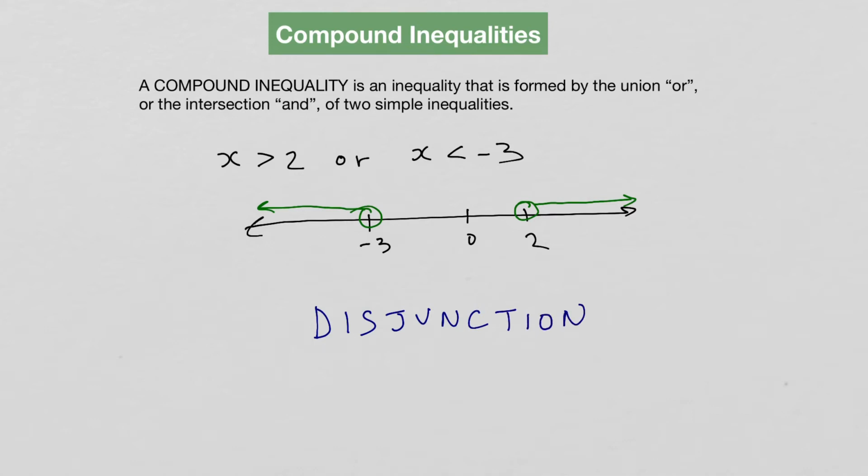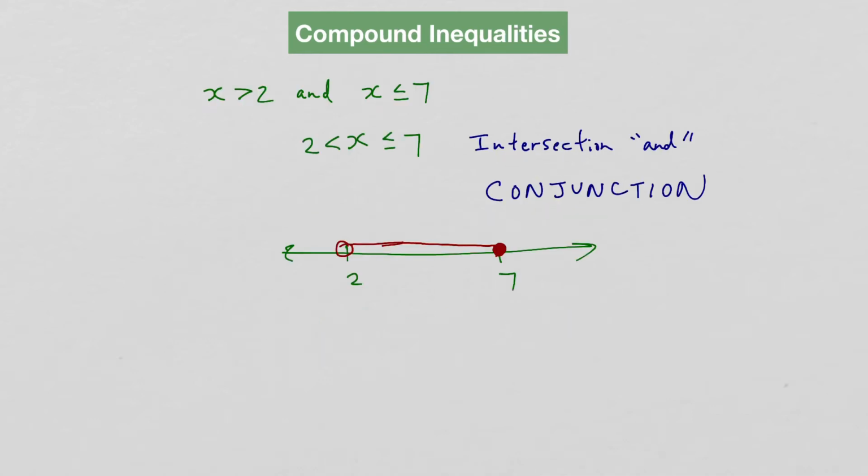So when you have an inequality that is formed by a union, or with the word or, the term is called disjunction. And then when you have two inequalities that intersect or have the word and, the term is called conjunction.